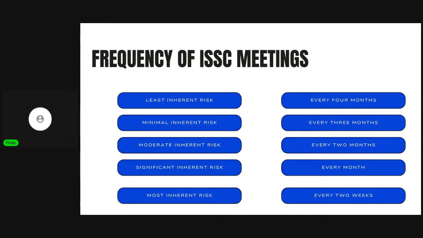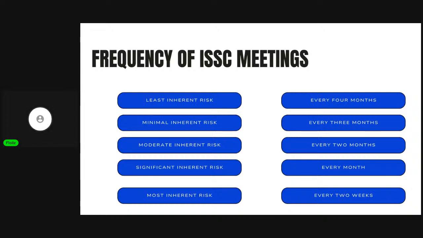Then for moderate inherent risk, because you will be more exposed to cyber threat, it is more likely that you meet often, every 2 months, so that if there's any challenge that you are experiencing, it can be resolved fast so that people don't exploit it. For significant inherent risk, you have to meet every month because you've adopted technology.